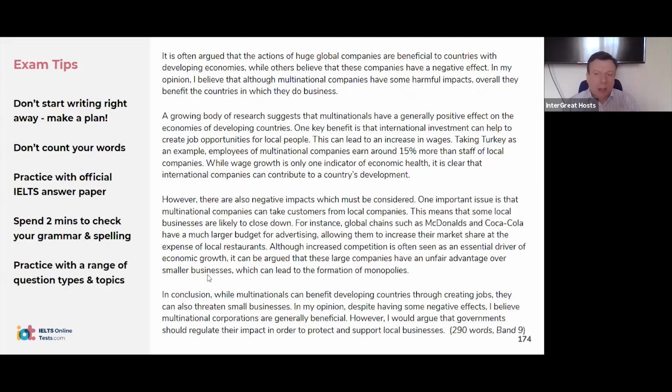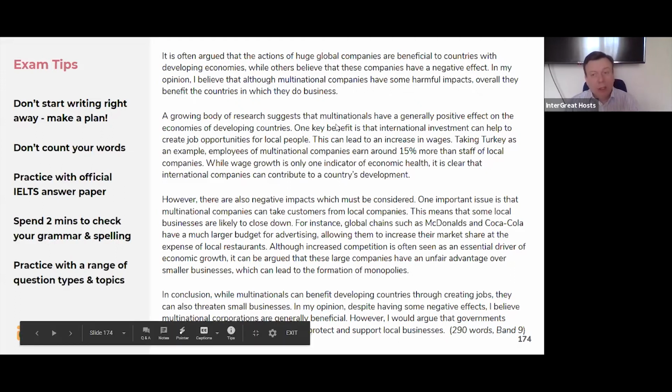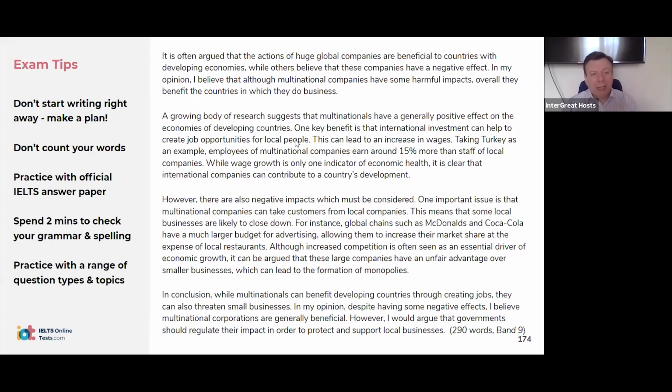And as I answered that question earlier about being familiar with the topics, practice a range of questions and question types. Two-part question, advantages, disadvantages, discuss with an opinion, discuss both sides without an opinion, cause, effect, solution. To what extent do you agree or disagree? So have a look at all of those different question types, so you're familiar with them.